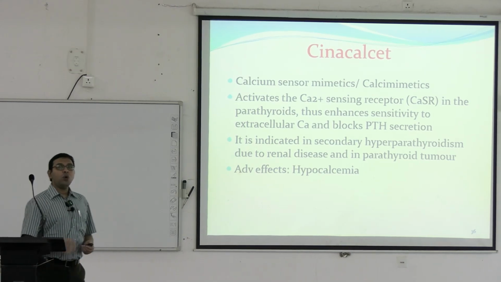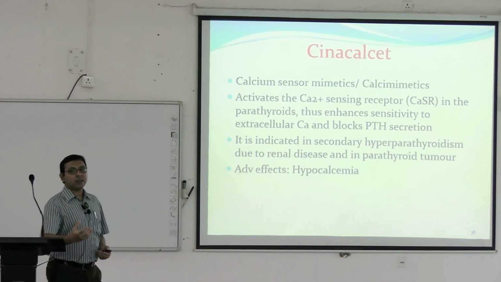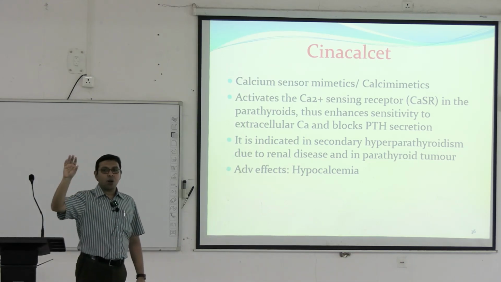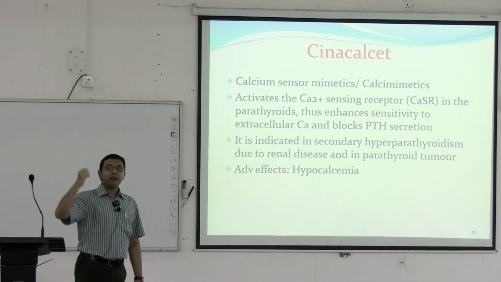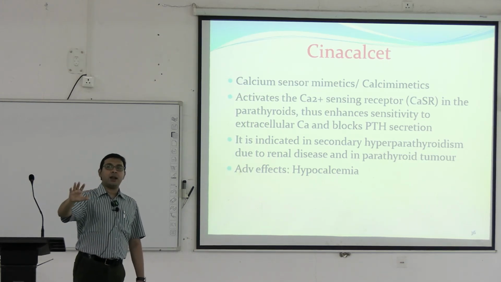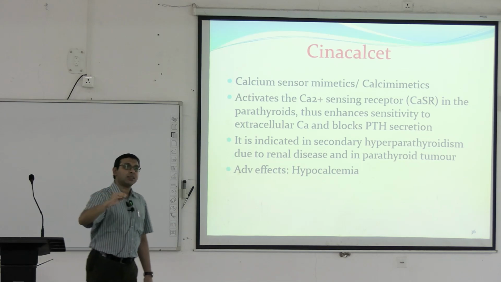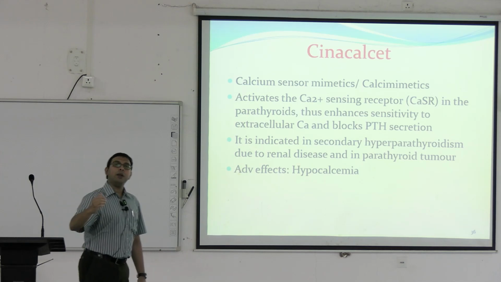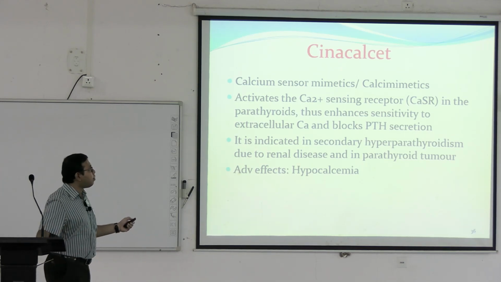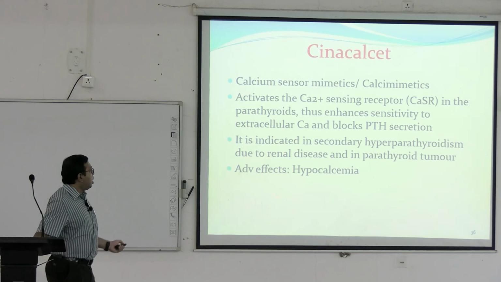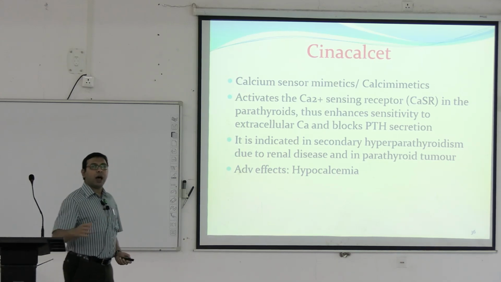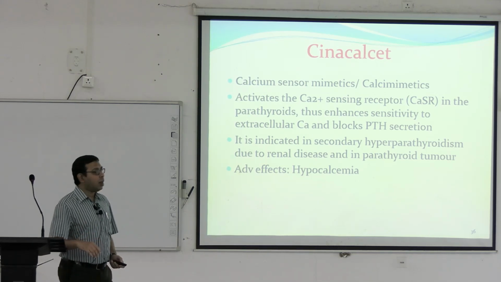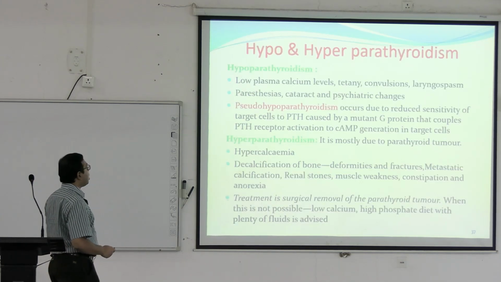In those cases, we use drugs that sensitize the receptor present on the parathyroid gland, so that it senses adequate calcium in the blood, there is less parathyroid hormone secretion, and ultimately less bone resorption. This is how cinacalcet acts. The adverse effect is hypocalcemia, because ultimately that leads to less calcium in the blood.